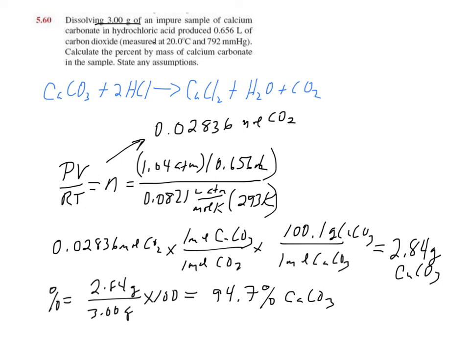Focus on your conversions between millimeters of mercury to atmospheres, atmospheres to torr, to pascals, to kilopascals. Focus on PV equals nRT, and there are some Dalton's partial pressure laws that could pop up as well. But really, if you get a good grasp on the ideal gas law and the combined gas law, you're going to do just fine.